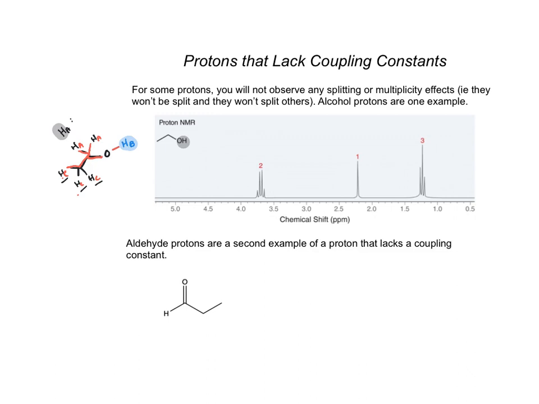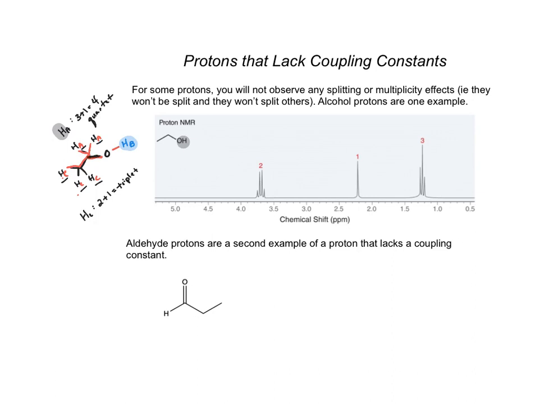So we could expect this guy to be 3 plus 1, which is 4. So HA will be a quartet. And then HC we could expect to be 2 plus 1, a triplet. And then again, they would have their own chemical shift.